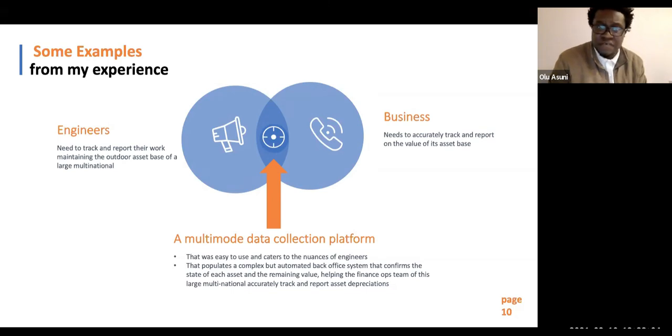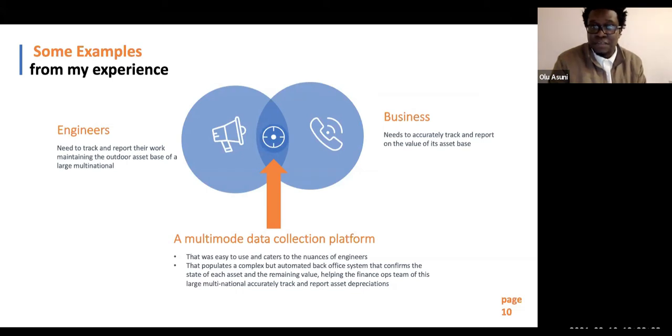Now, again, if the multinational feels that the engineers are best positioned to create their own tracking and reporting tool, and they empower them to do it, there's a chance that the solution that will be created will be quite suitable to the engineers, but will be useless to the rest of the business.